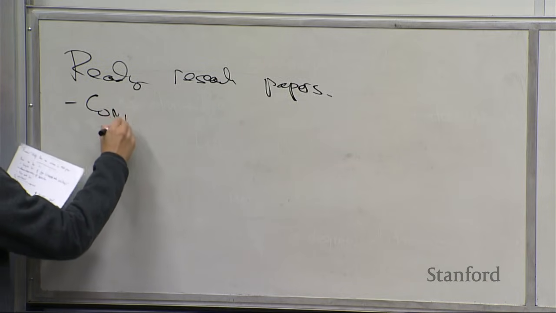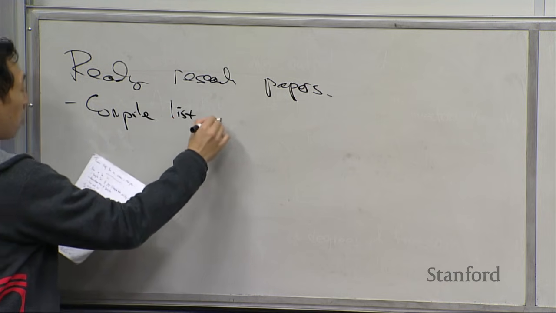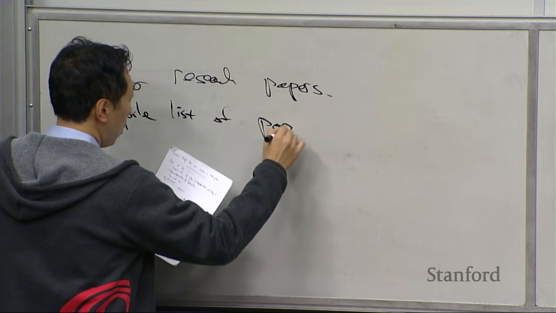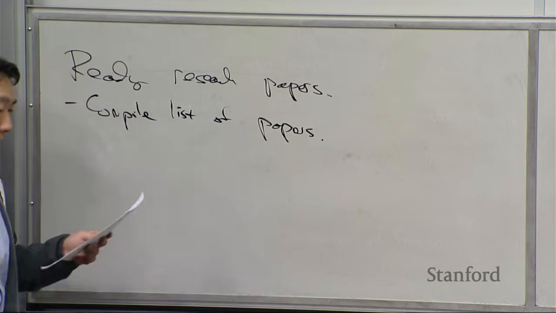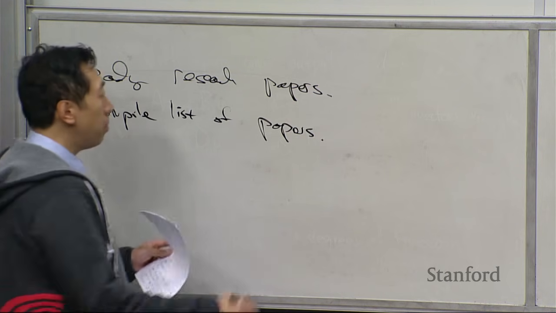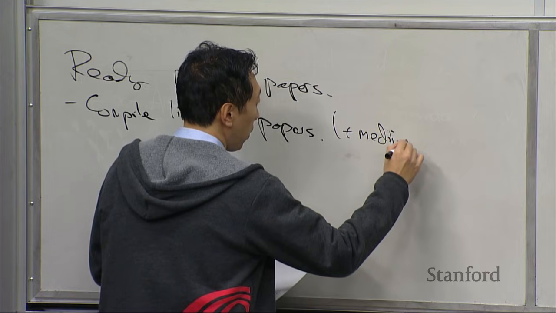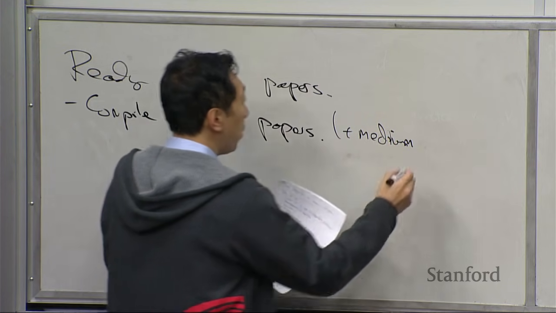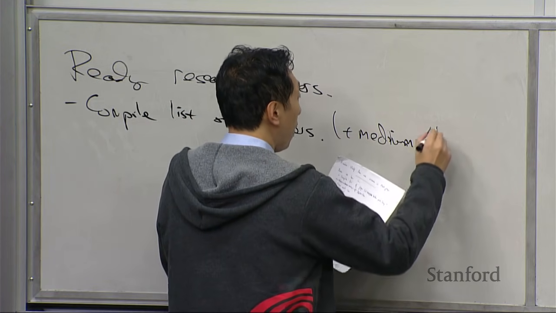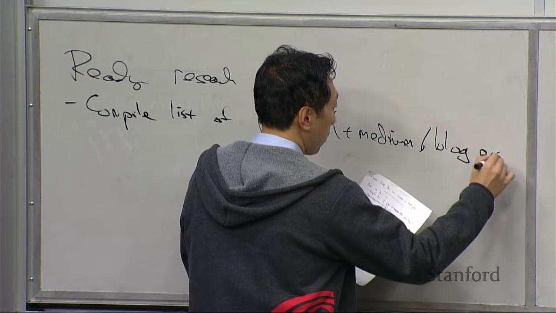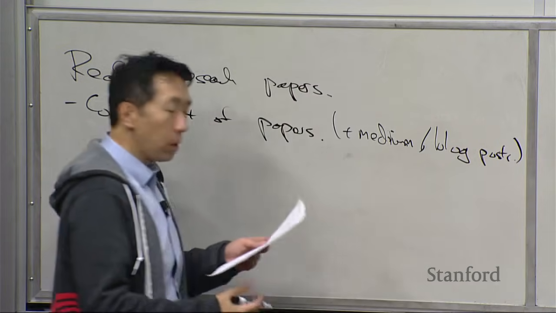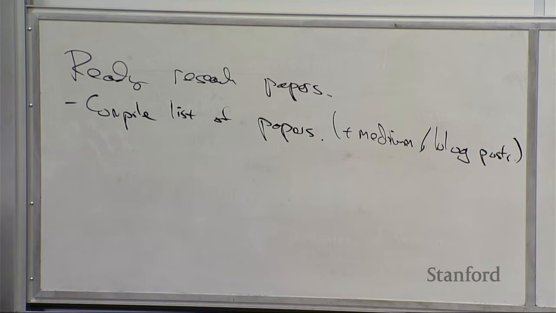First, compile a list of papers, and by papers, I mean both research papers, often posted on arXiv or on the internet, but also Medium posts, or maybe some occasional GitHub posts, although those are rarer, but whatever text or learning resources you have.